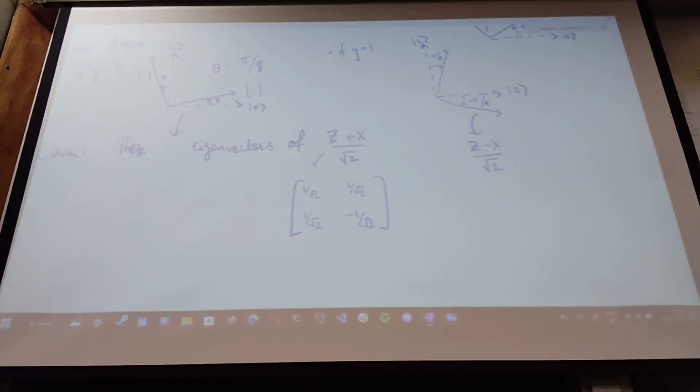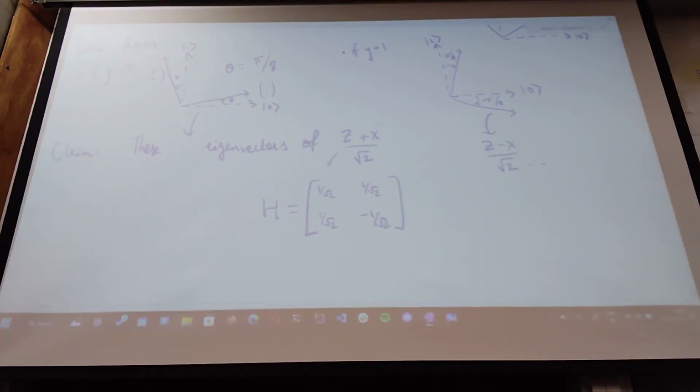And does that look familiar to anyone? Does that matrix look familiar? Well, this is just the Hadamard matrix. But in any case, you can prepare these states as well. So this is only showing that these are the eigenvectors of some unitaries.